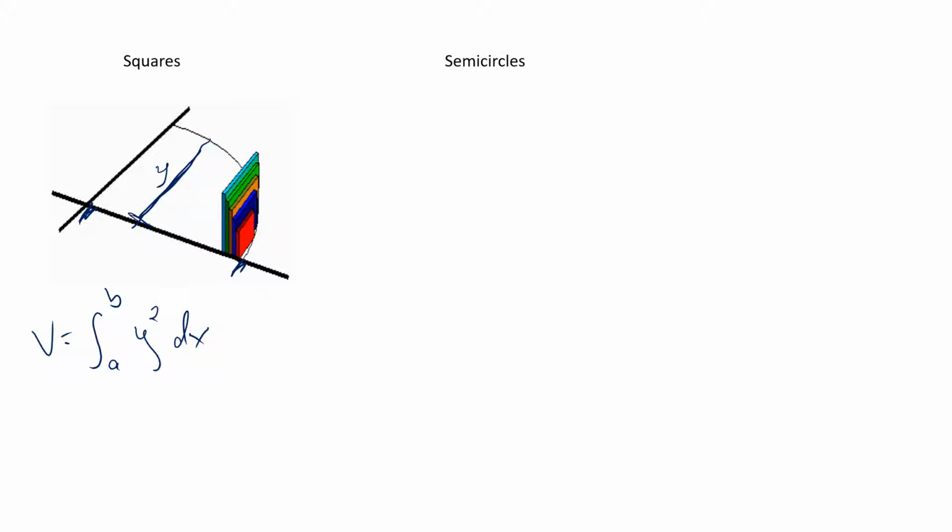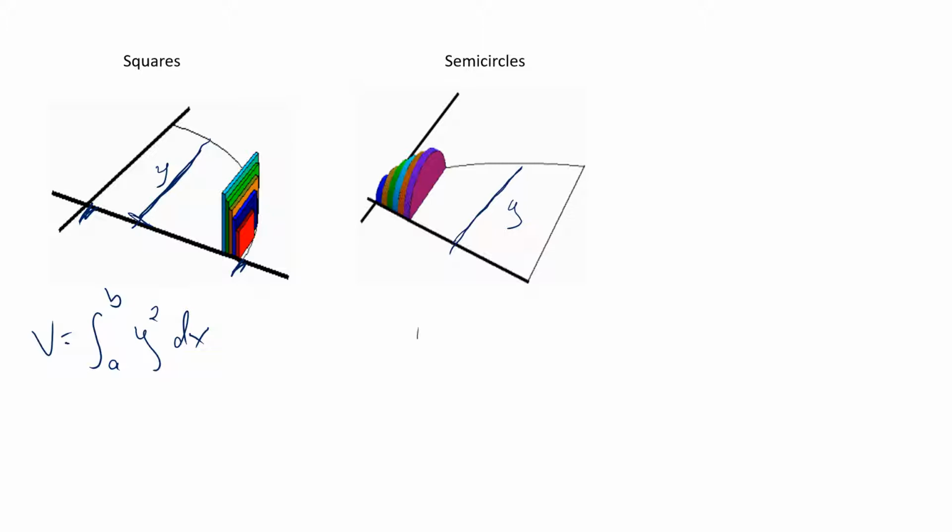How about semicircles? That looks kind of like this, where each piece is a semicircle and it moves up. So again, if we think of this as y, we can find this. The area of a circle is pi r squared. So a semicircle is going to be 1/2 of that.